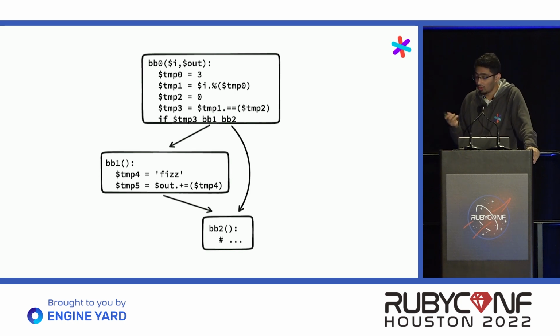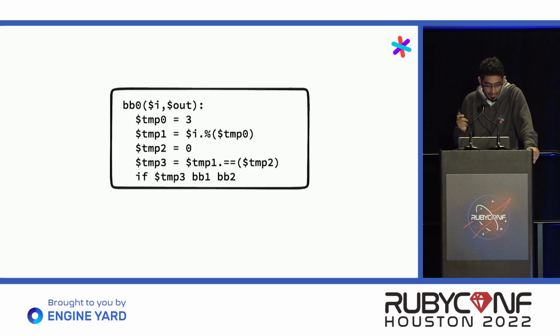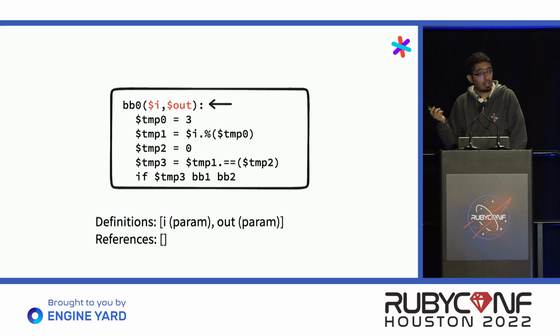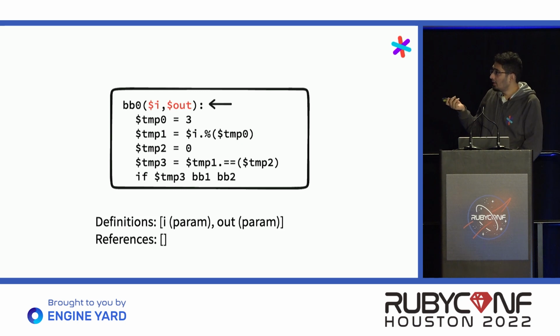That's the edges, and now let's look at the nodes. Let's just look at the first basic block for simplification. Here I've got two parameters, $I and $out. We're going to record that these are parameters to the function. We'll maintain a couple of arrays for definitions and references, or they could be hashes.